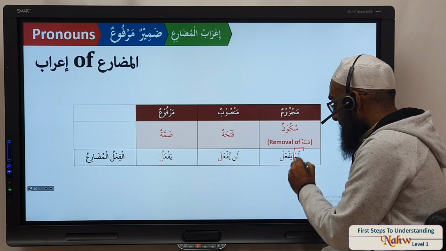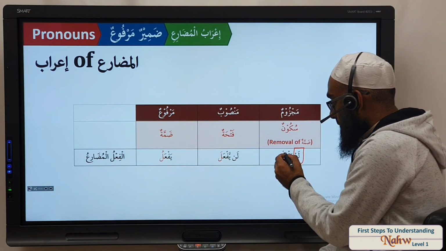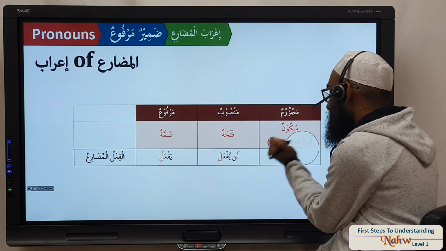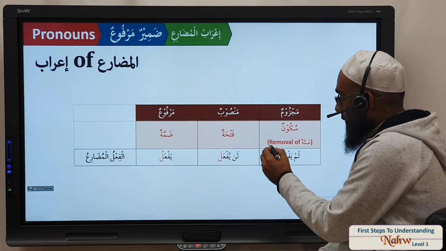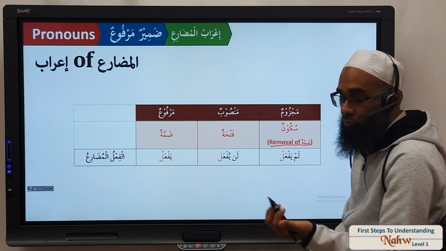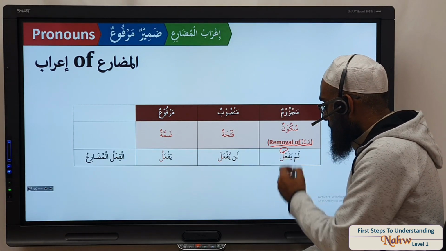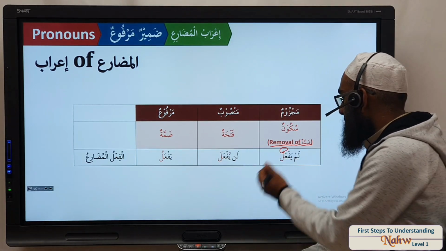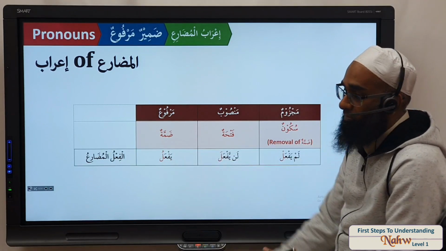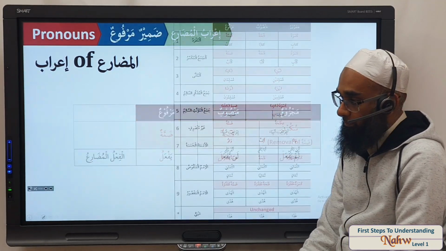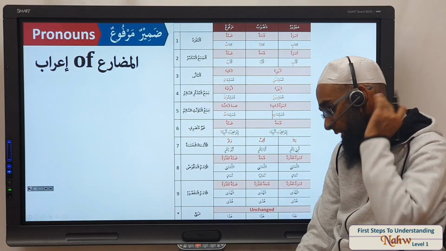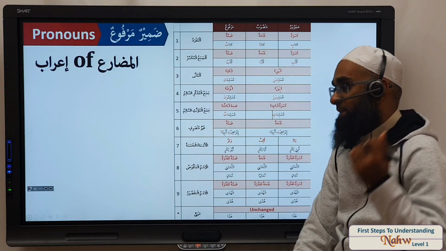And then we have lam, which is a governing particle, and it makes it majzoom. This becomes the sukoon. And sukoon is also equal to the removal of a dhamma. So when you remove the last dhamma, it becomes a sukoon or a sakin or jazm, as we say. And that is the i'rab of the simple fa'l mudari. So far, everybody following? Yes?